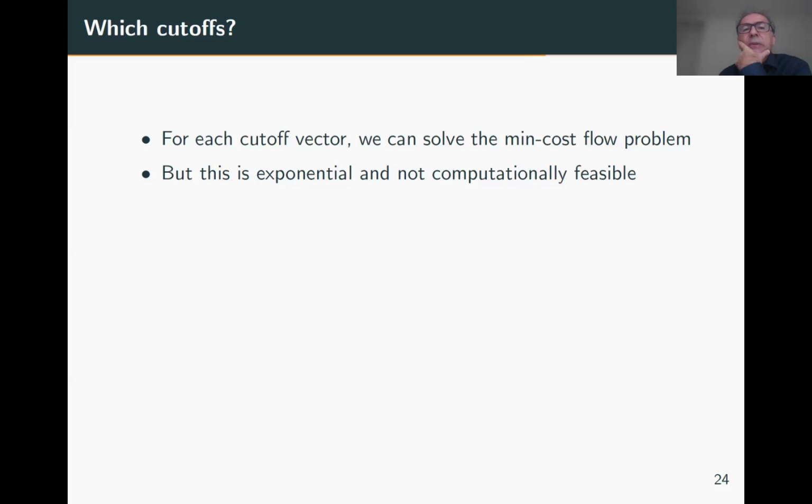For each cutoff, what are we going to do? We can solve the minimum cost flow problem easily. But searching through each cutoff is exponential and it's not computationally feasible. So to solve for the global optimum, we have to solve for each cutoff. We cannot do this.